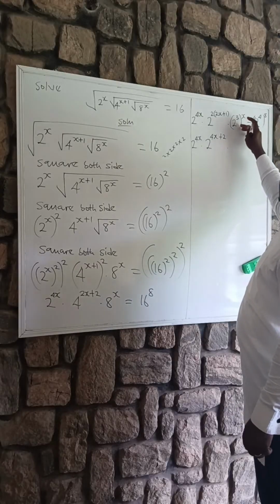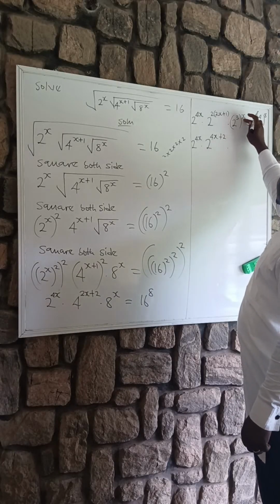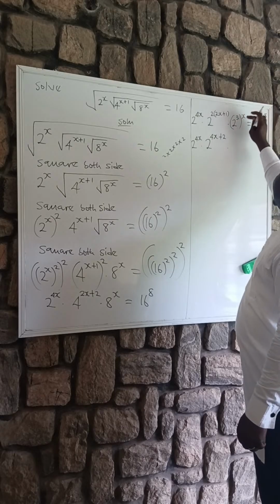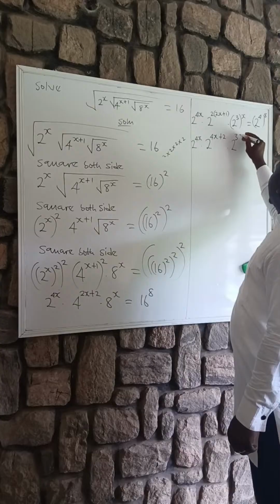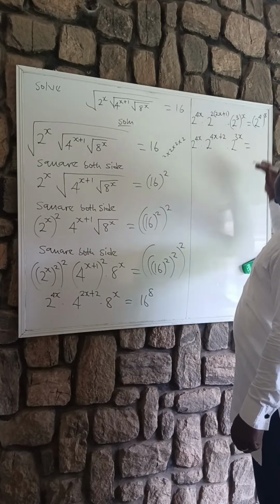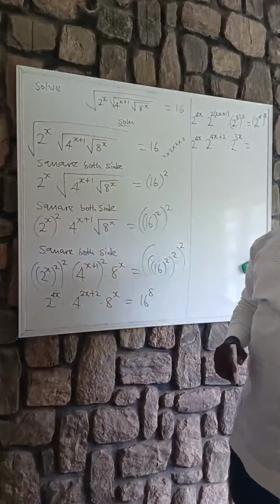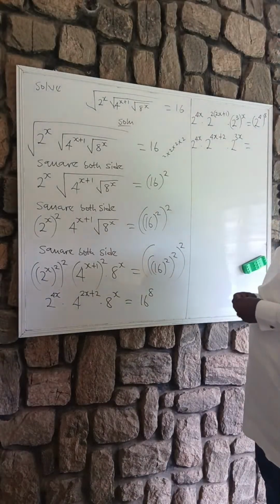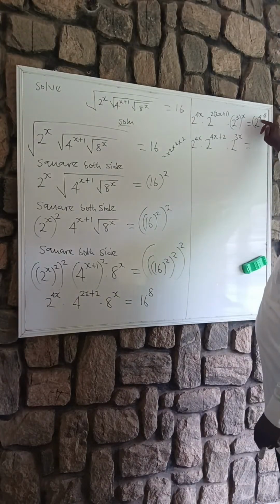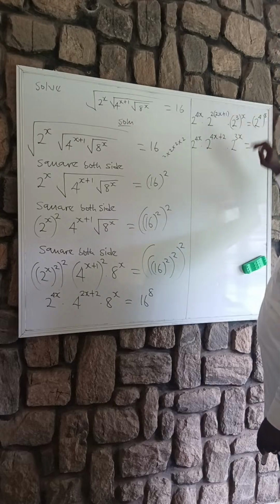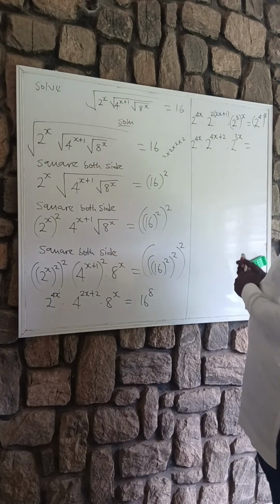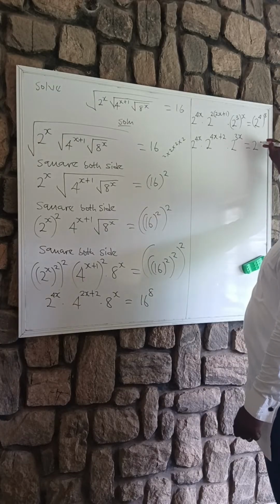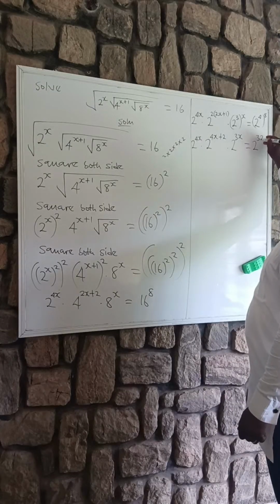Then use this power to multiply this power, 3 times x, we are going to have 2 raised to the power of 3x. Then this is equals to 4 times 8 is 32. True or false? So here will be 2 raised to the power of 32.